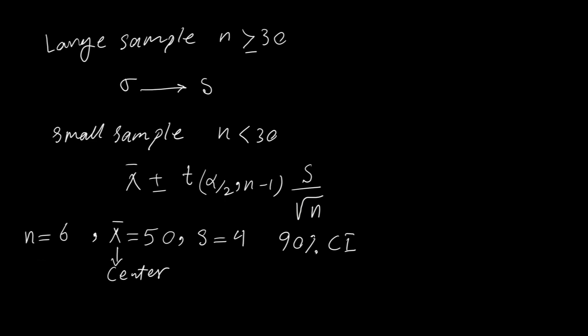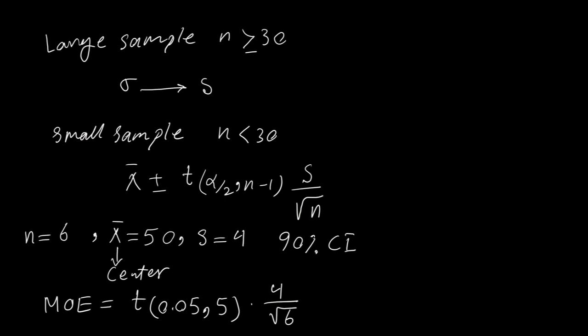So n minus 1 is 5 here. So I can write the margin of error as t of 5% and 5 degrees of freedom times the sample standard deviation divided by square root of 6.